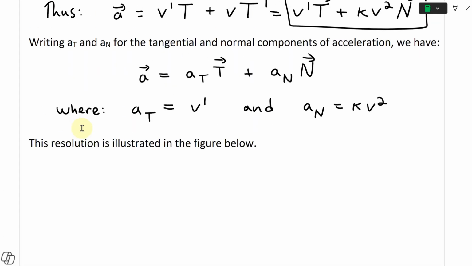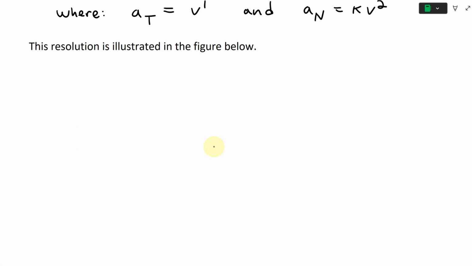All right, now going further, let's draw this out. So this resolution is illustrated in the figure below. Let's say we had a curve, and the position looks something like that. At this point here, we're going to have a tangent vector, so this is going to be our tangent vector T. And let's say the acceleration is somewhere like this.